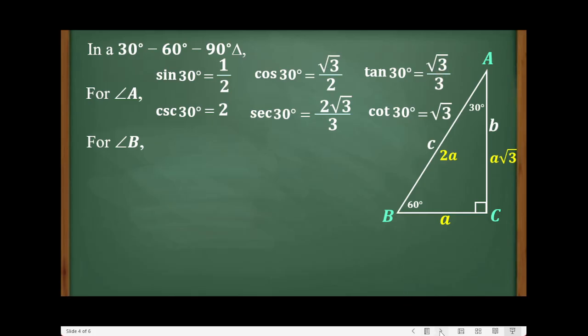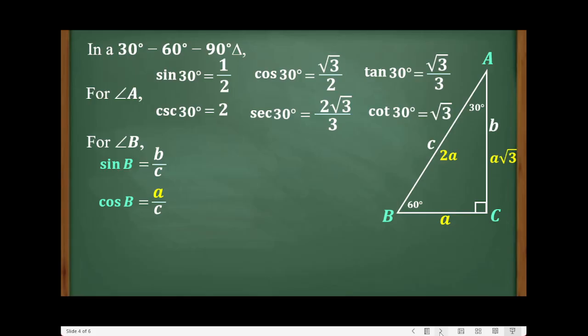So the trigonometric ratios for angle B are sine of B, which is equal to what? Opposite leg B over hypotenuse C. Now for the cosine of B, that is adjacent leg over hypotenuse, so that is A over C.